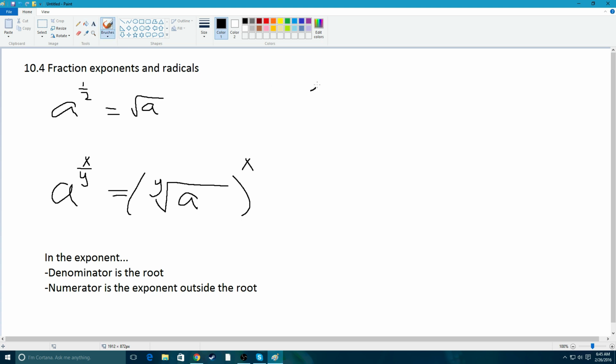Example. Let's say we've got something like 4 to the 2/3 power. Actually, scratch that. Let's make that 8 to the 2/3 power. Okay.